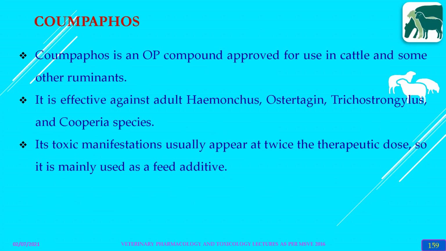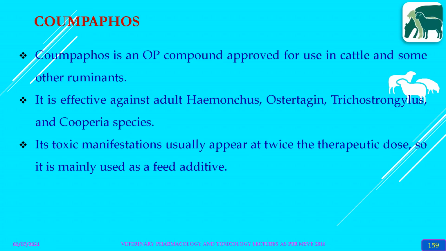And coumaphos, as the name indicates, PHOS indicates that it is an OP compound. Here, coumaphos is the OP compound approved for use in cattle and some of the other ruminants.